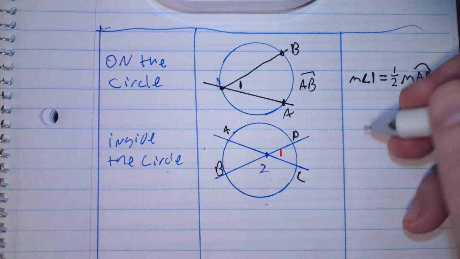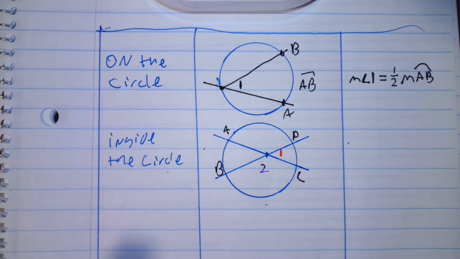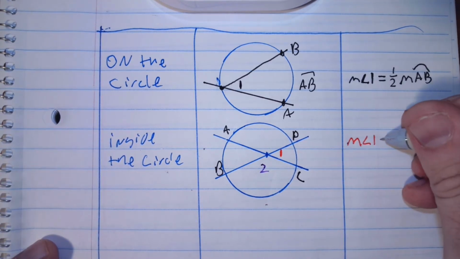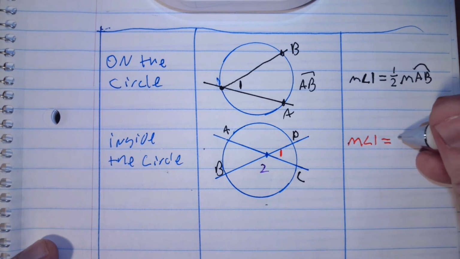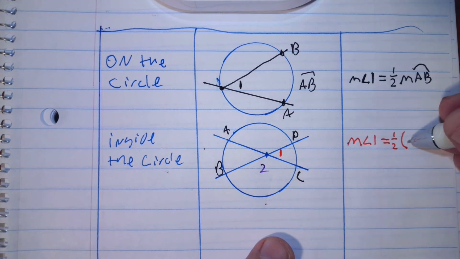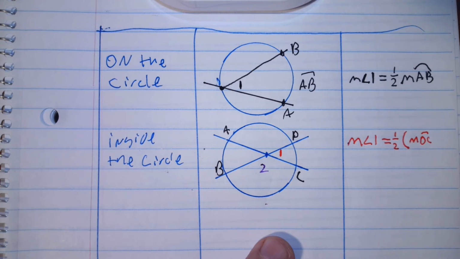Okay. So the measure of angle 1 is going to equal 1/2 in parentheses measure of DC plus measure of AB.